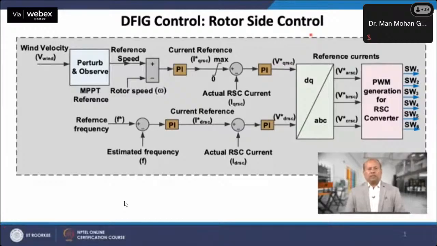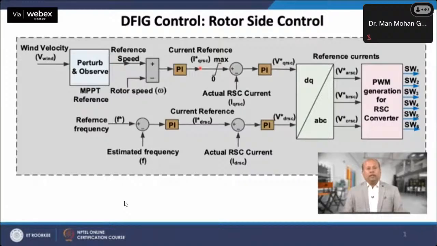The maximum power point tracking, MPPT, is implemented using the perturb and observe, P&O, method by estimating the MPPT reference rotor speed at a particular wind velocity, regulating the Q axis of the rotor current, IQ RSC.